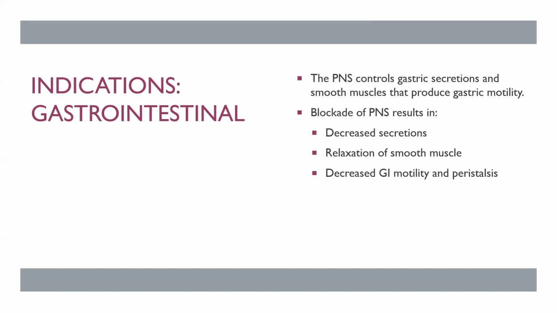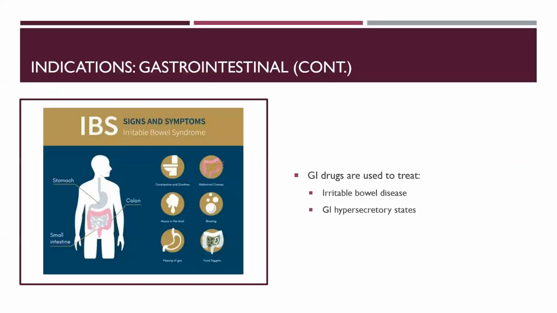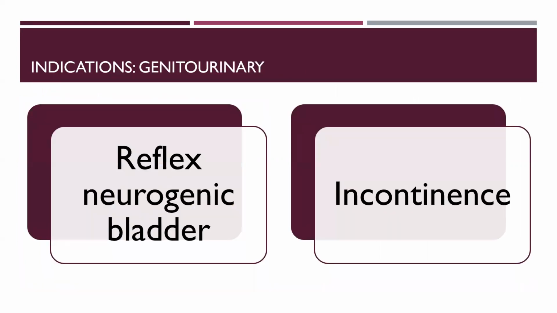For our gastrointestinals, it controls gastric secretions and smooth muscles that produce gastric motility. So blockade results in decreased secretions, relaxation of the smooth muscles, decreased GI motility, and paralysis. So they can be used to treat GI disorders such as irritable bowel disease and GI hypersecretory states.